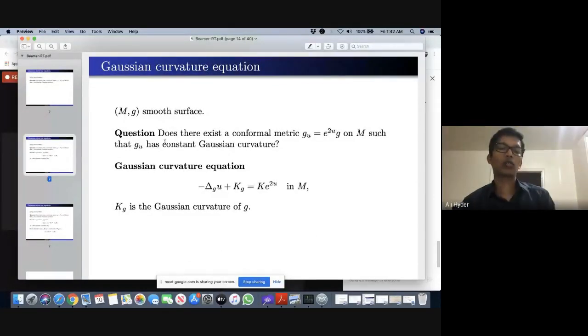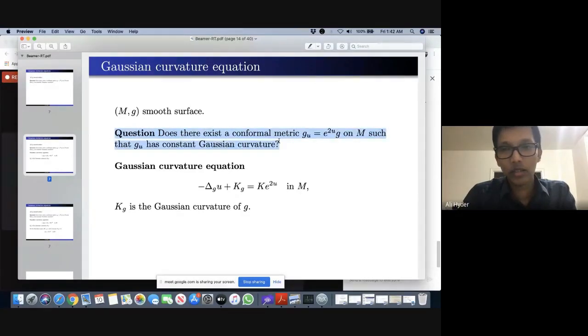Okay, so basically the question is this one. You just have a smooth surface, and this is the uniformization theorem. Like there is another one, the Yamabe problem, where you ask for the existence of a surface with constant scalar curvature or constant Gaussian curvature.